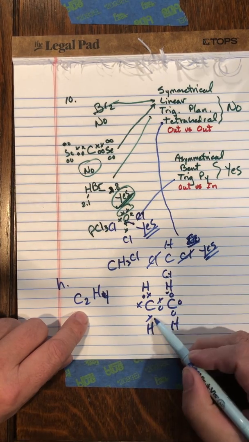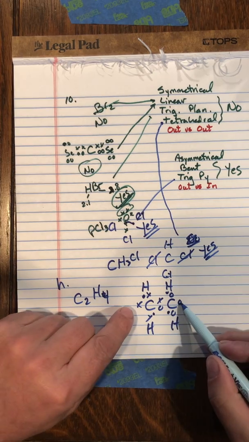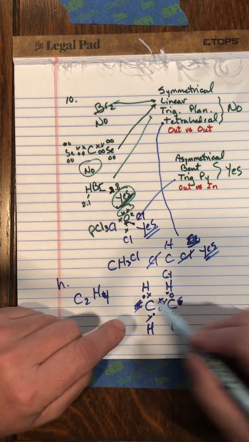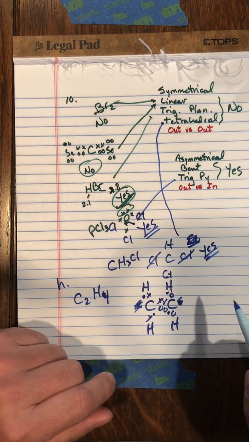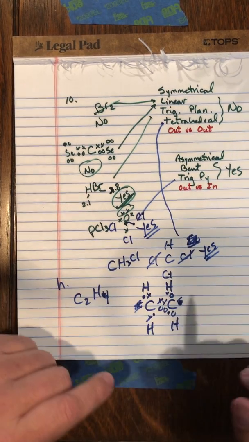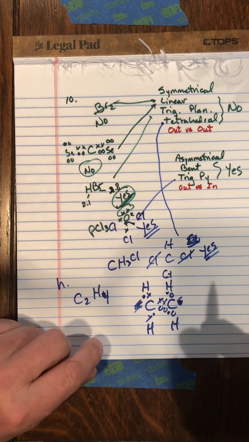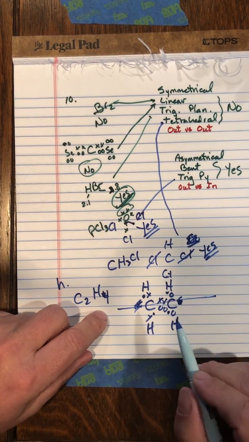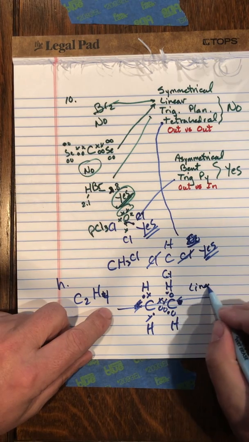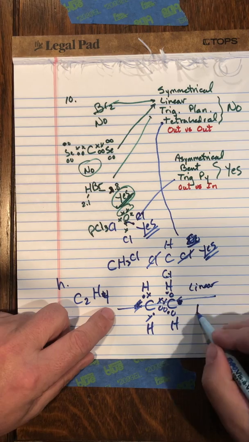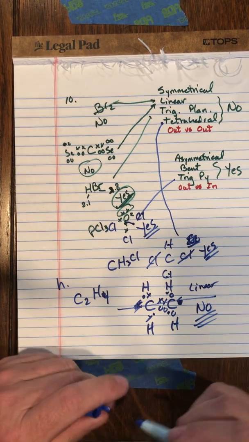Bring his, bring his, bring his, bring his. Loner, loner. Okay, don't worry about the H's on the outside. Most of the time when we do organic, we don't even care about the H's on the outside. Okay, you look at the 2 C's, it's linear, and do you agree everything is the same around it?